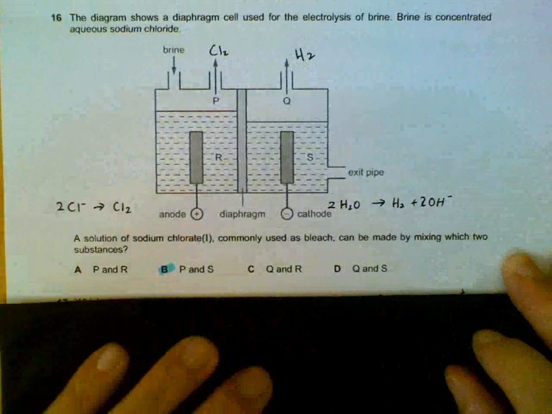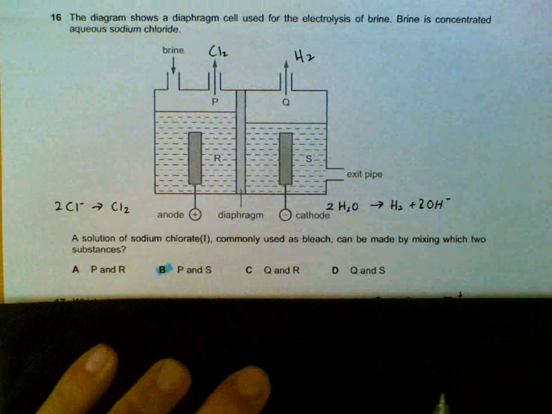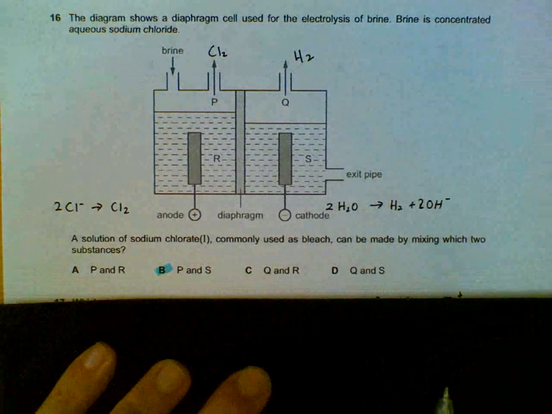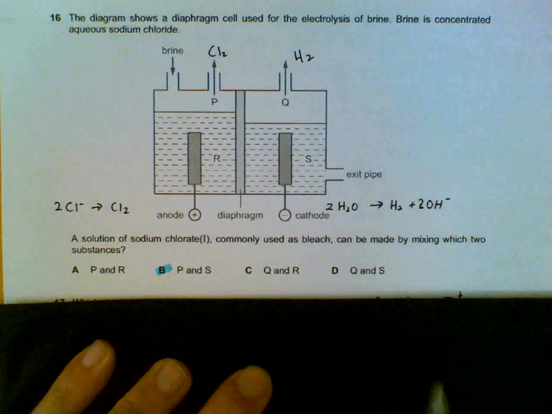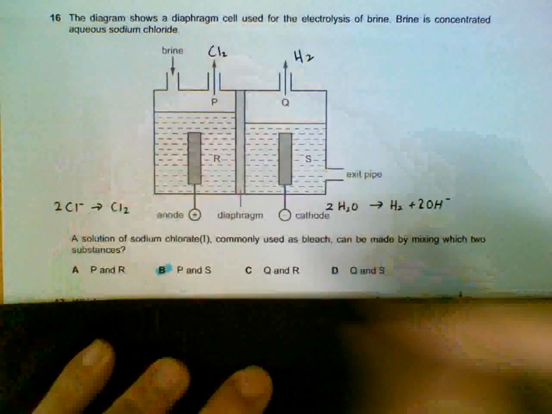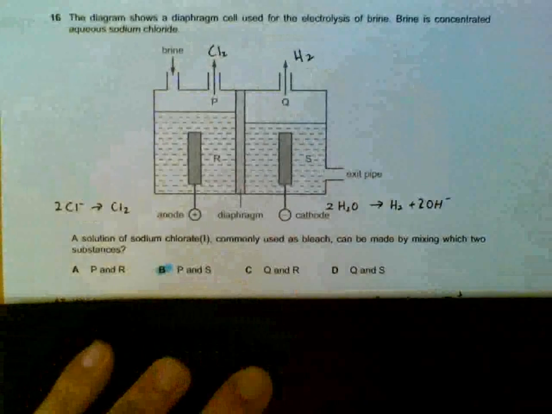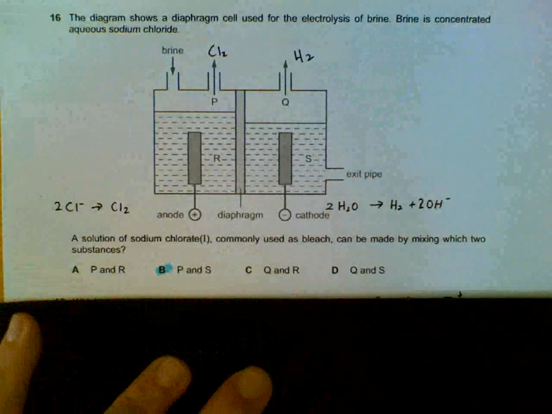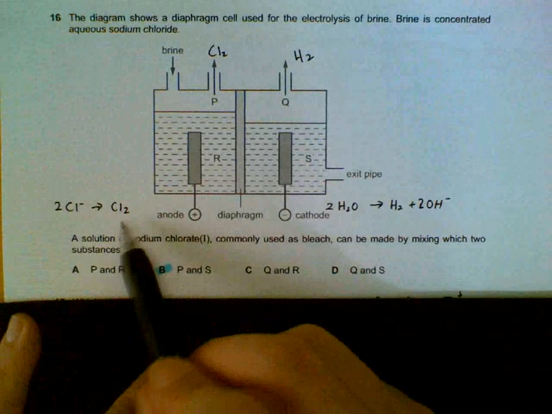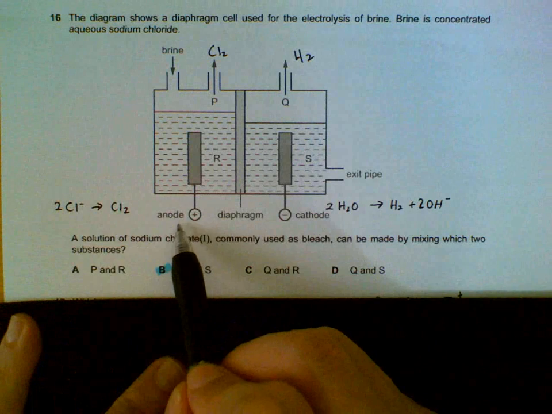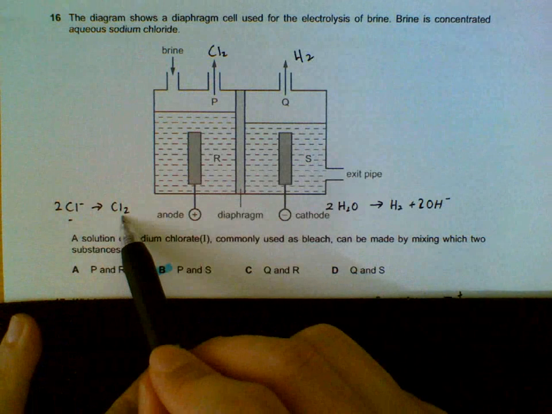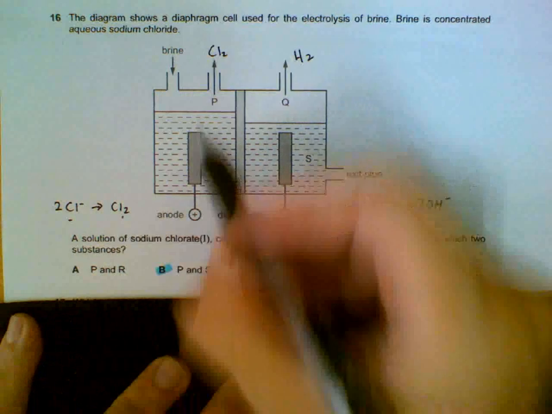Number 16, electrolysis of brine, concentrated sodium chloride. So be very confident or familiar with this case study. On the anode side, we have oxidation. Your chlorides will become chlorine gas. You'll be oxidized, so chlorine gas is released.